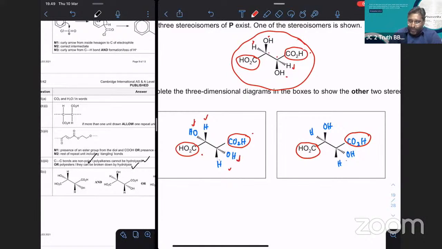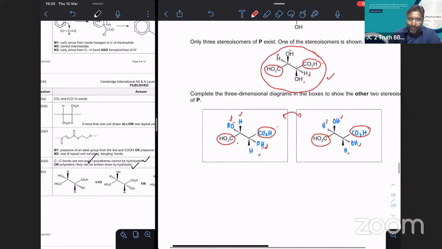I don't want the OH and OH to be together like this. So I put H over here, OH over here, and then H over here, OH over here. They are going to be different. So that is how I play around. You can see that these 2 are going to be different, and this is different. So you have 3.